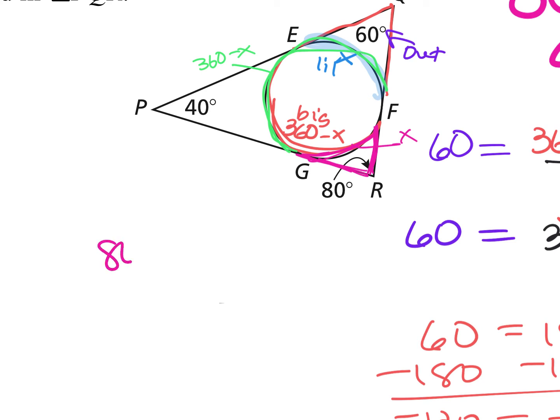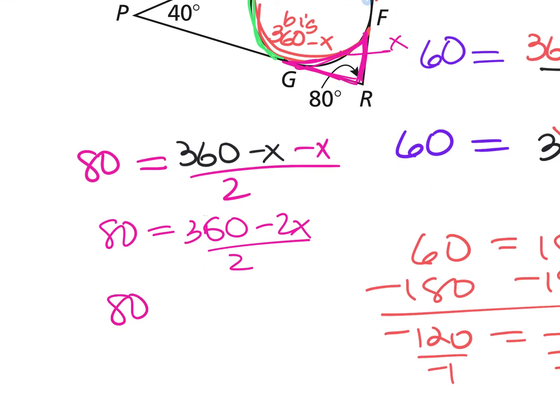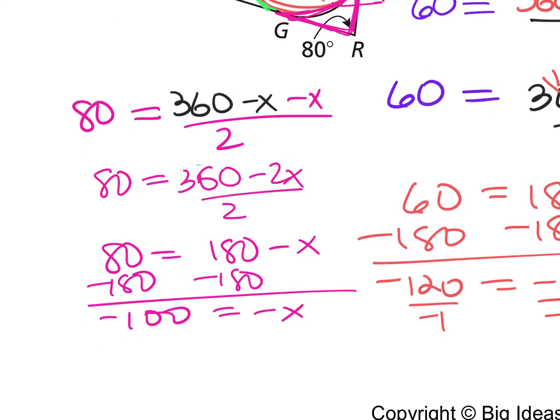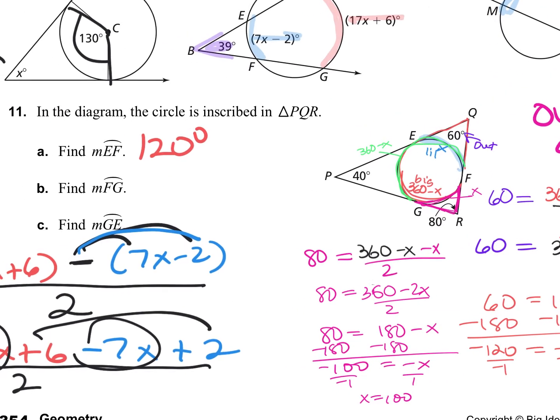I'm going to do 80 equals 360 minus x, and then minus little arc, divide by 2. So the same thing. Divide by 2, and then it turns into 80 equals 180 minus x. Subtract. I get negative 100 equals negative x. Divide by negative 1, and x equals 100. So now the answer to part B is 100.